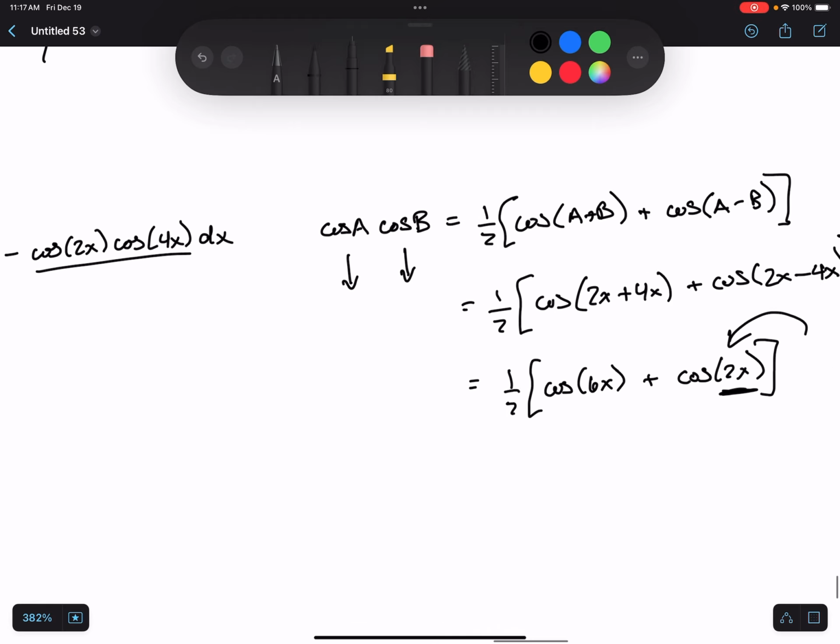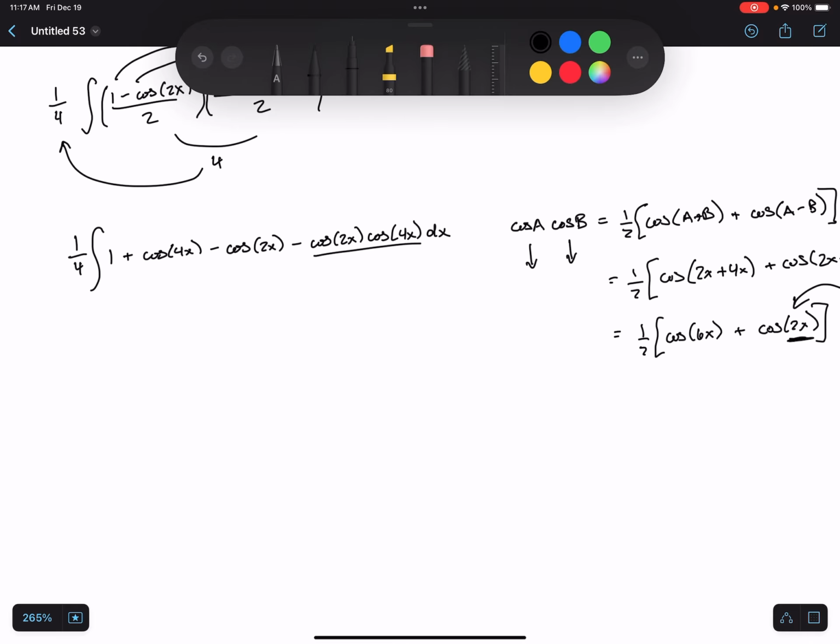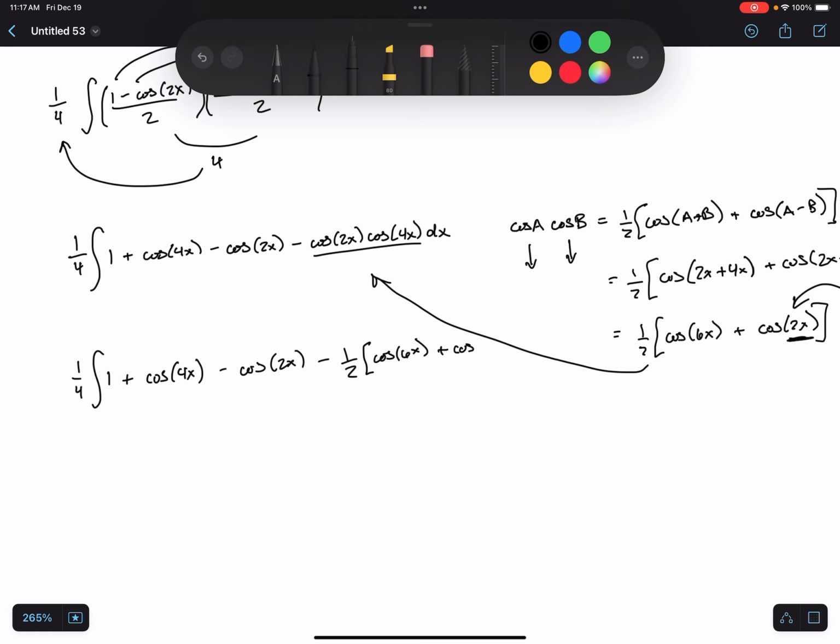And so now we can go back to our original function and rewrite it as 1/4 times the integral of 1 plus cosine 4x minus cosine 2x minus, and now we can plug in this here, 1/2 times cosine 6x plus cosine 2x dx.